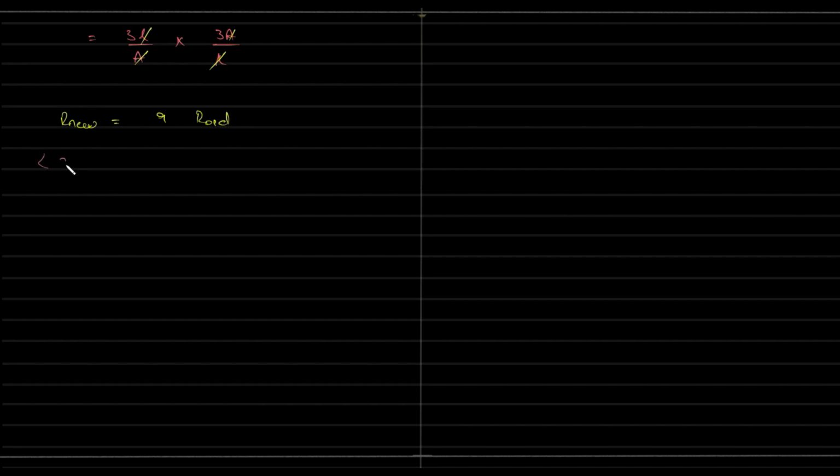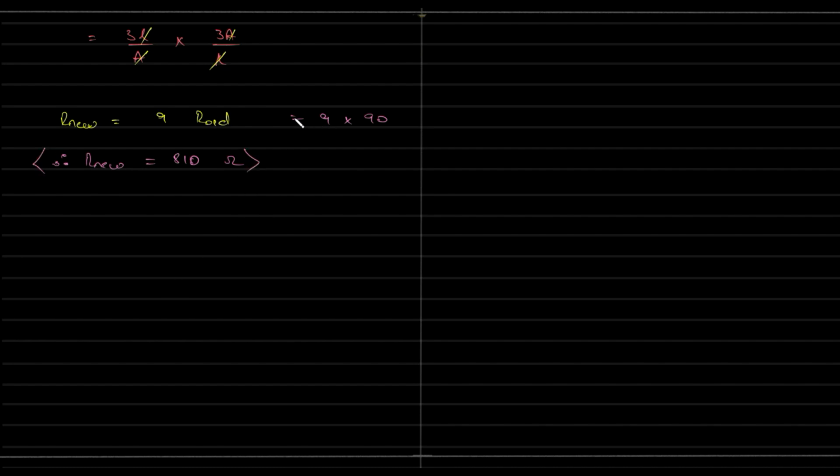So we'll substitute, right? We need not write all of that. So therefore R new is equal to 9 times of 90. So this will be equal to 810 ohm, right? And this is your answer.